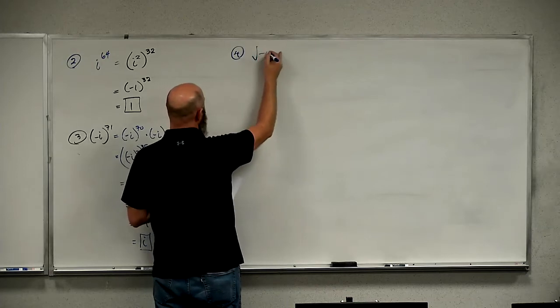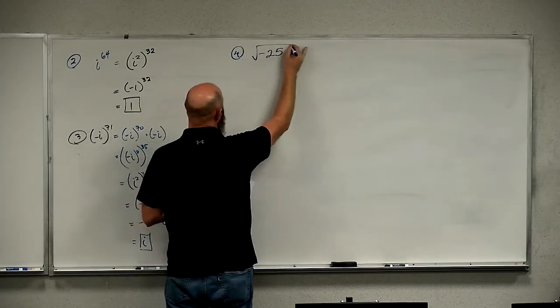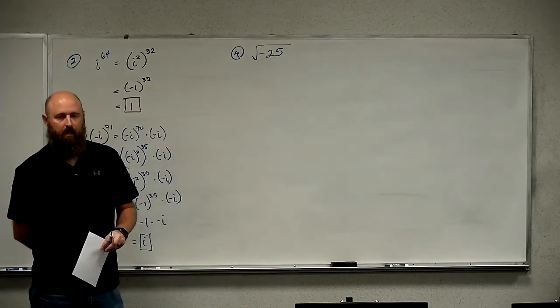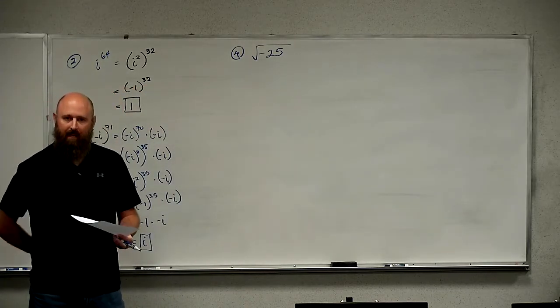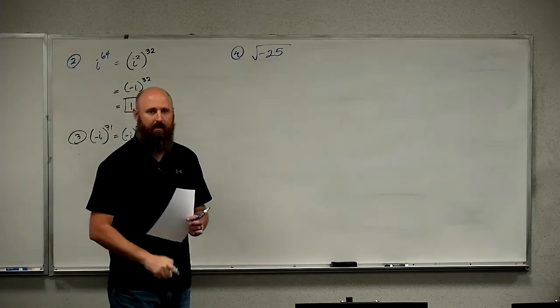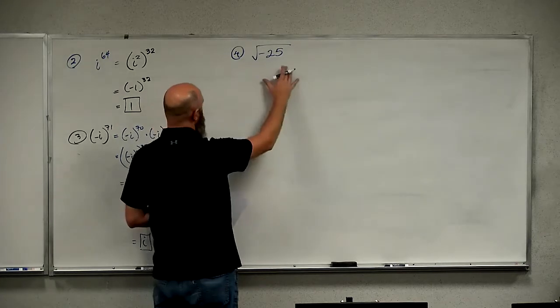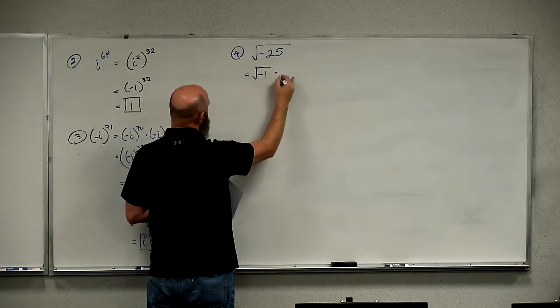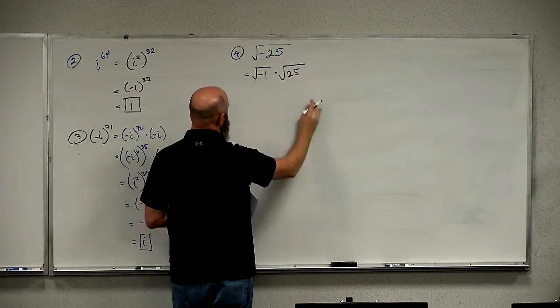All right, square root of negative 25. Now before, when it had a negative, we couldn't do that. But because we're in the complex number system, we can now. And so we're actually going to separate this out. I'm going to look at this as the square root of negative 1 times the square root of 25.